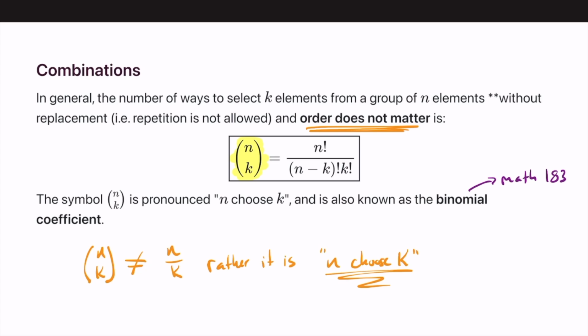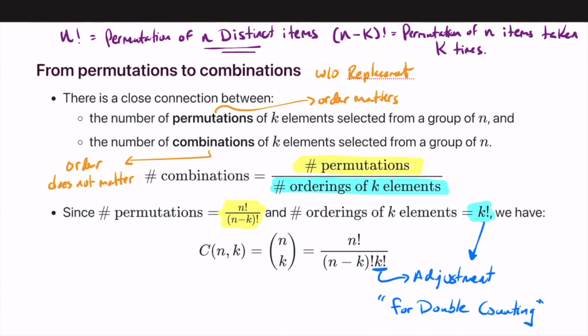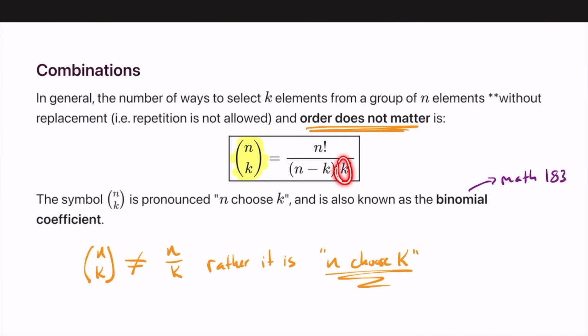But I don't need to worry about that. So this is the definition of combinations. It's just this equation right here. And we have the parts from permutations, and then the ordering of k elements, this adjustment factor for the duplicates.